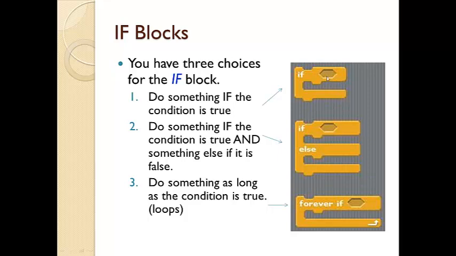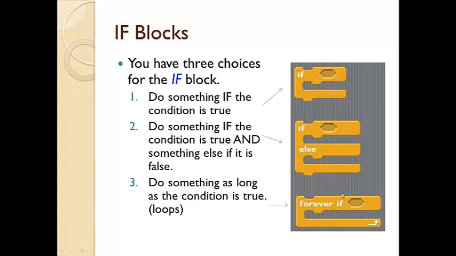So if something is true, then what's inside will happen. The second is if something is true, then this will happen, else this will happen. So if this executes, it ignores the else. Otherwise, if this condition is false, this does not execute, it goes to the else, and the blocks within this area execute.